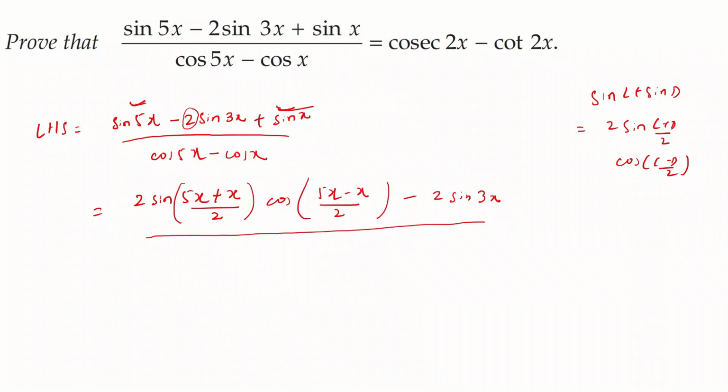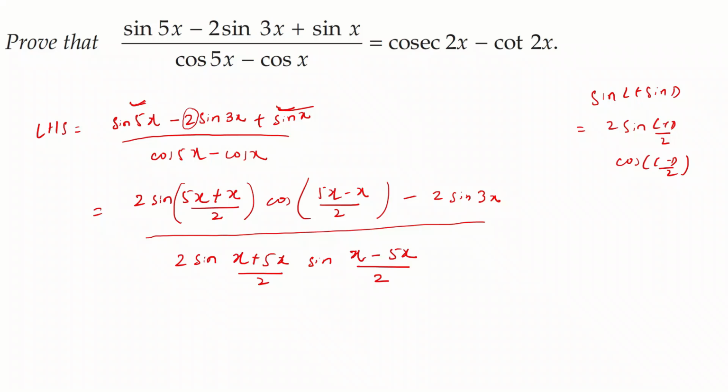Now the denominator, this is cos minus cos. Cos minus cos is 2 sine (d plus c)/2 sine (d minus c)/2. So remember, cos minus cos has that d and c play around it.